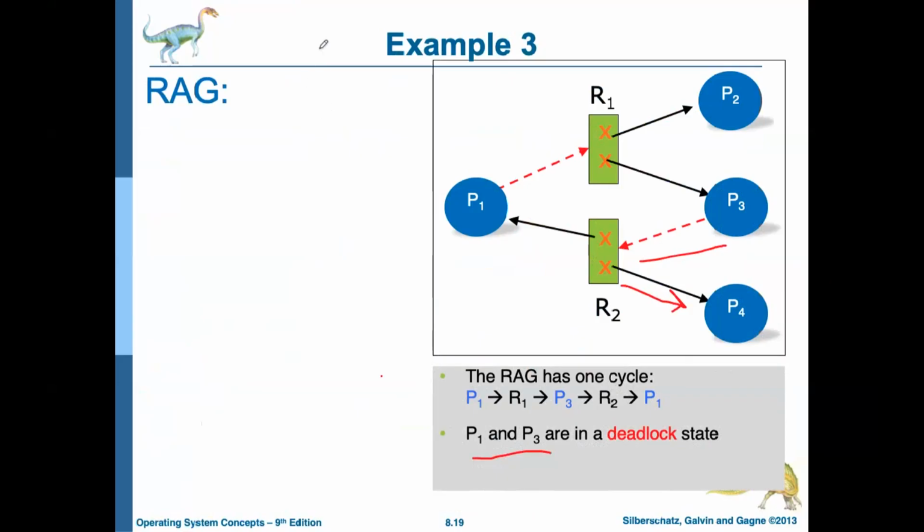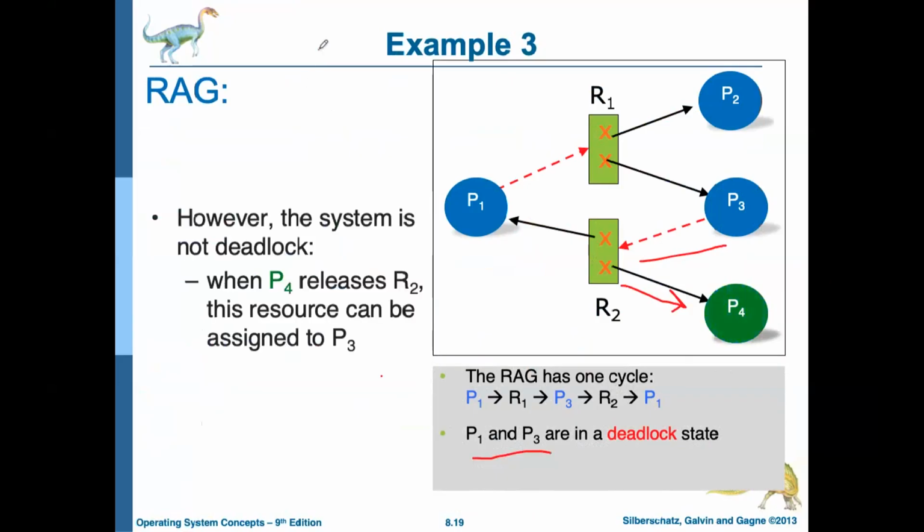However, the system is not deadlocked when P4 releases R2, because this resource can be assigned to P3.